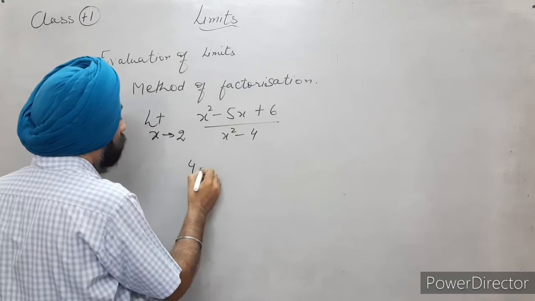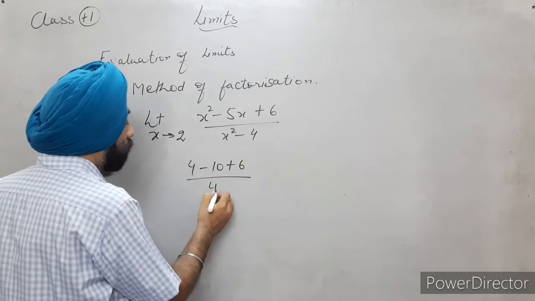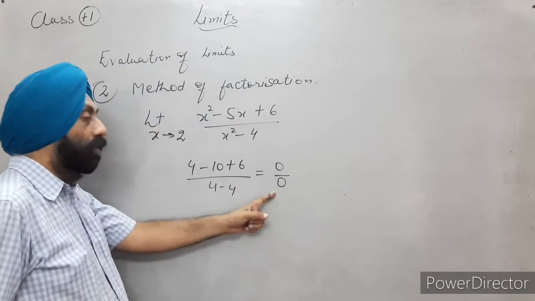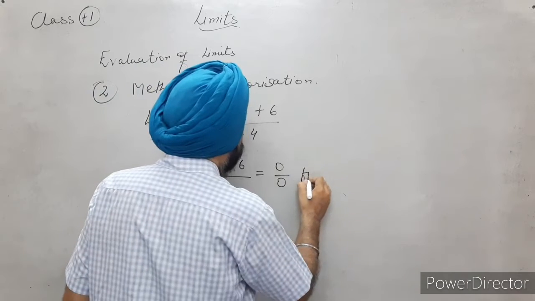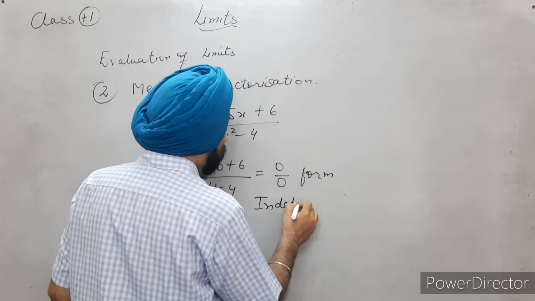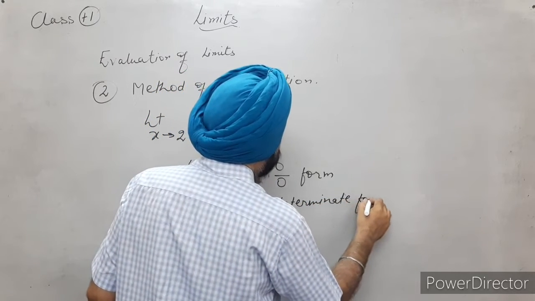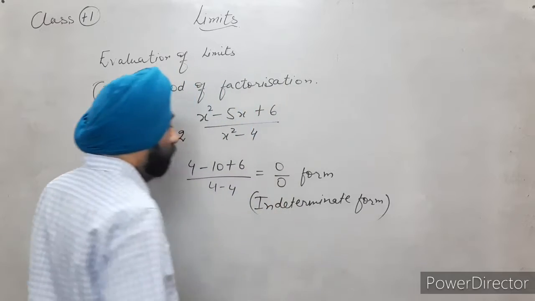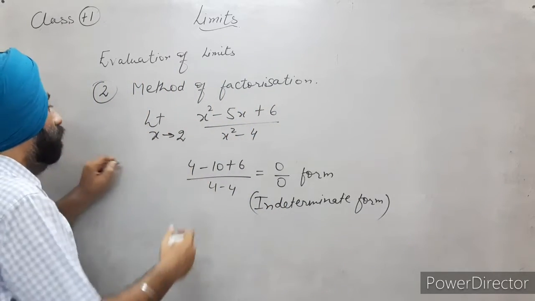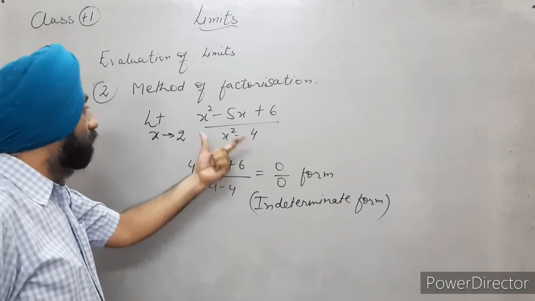It's 4 minus 10 plus 6 divided by 4 minus 4. It is 0 upon 0 form. This form is called indeterminate form. Now what we can do is factorize the numerator as well as the denominator.